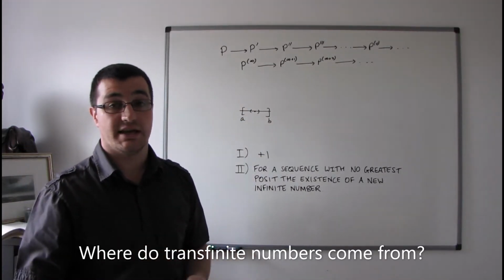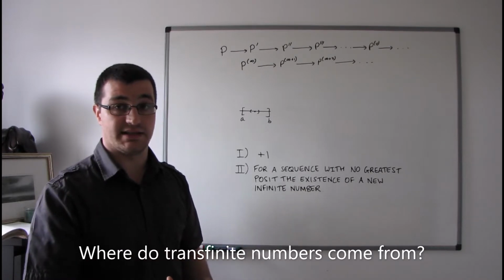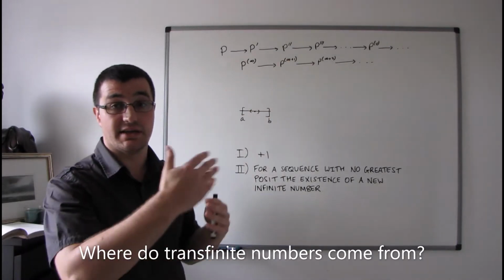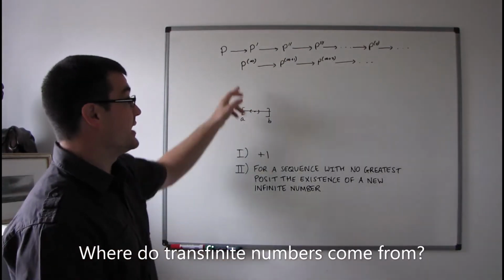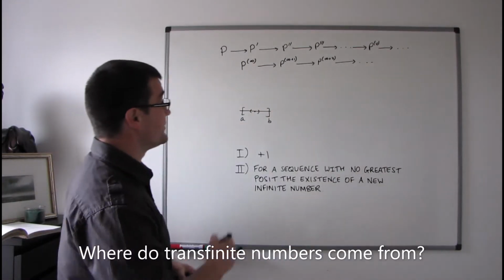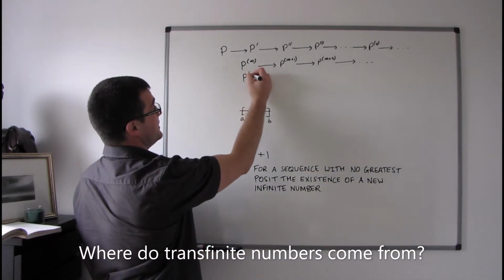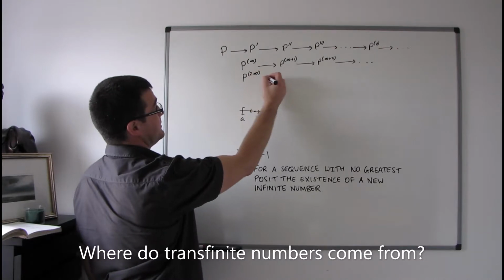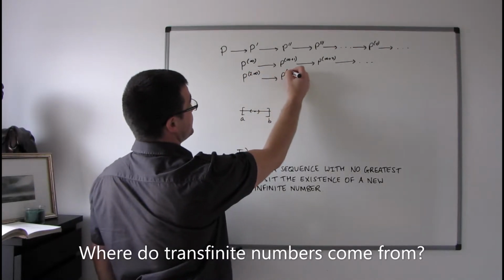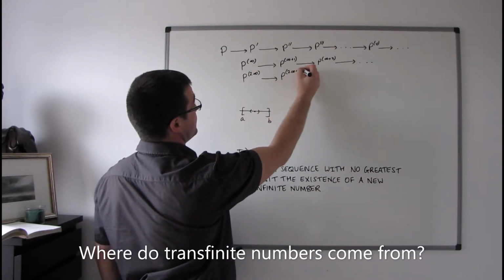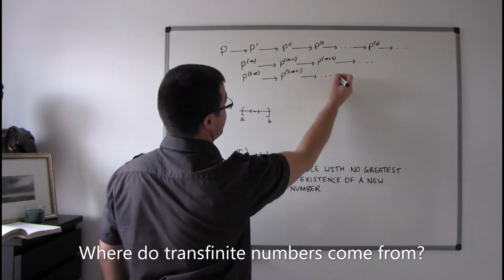It might actually be the case that we never get to a finite aggregate, in which case this process is just going to keep going on and on. Again, we could take the limit of this and we'd get P to infinity, and then the next one would be P to infinity plus 1, etc.